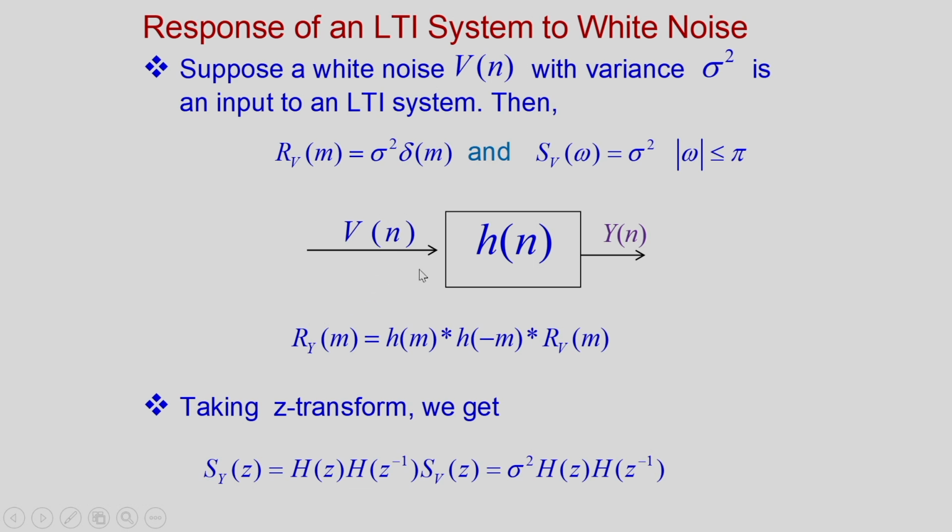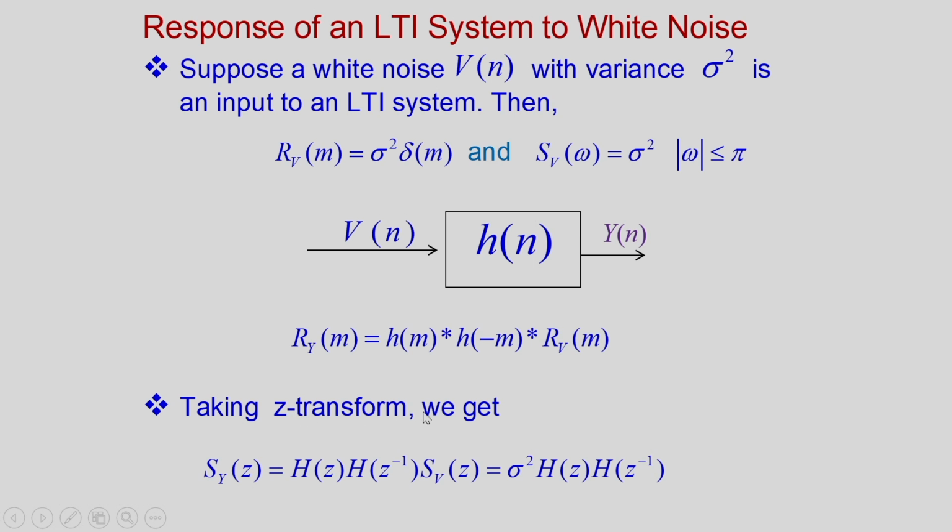Now, considering the input output relations for LTI system, we will get the autocorrelation function of the output Ry[m] is equal to h[m] convolved with h[-m] convolved with Rv[m]. And now we know what is Rv[m], that is sigma square delta[m], therefore, it will contribute only sigma square part.